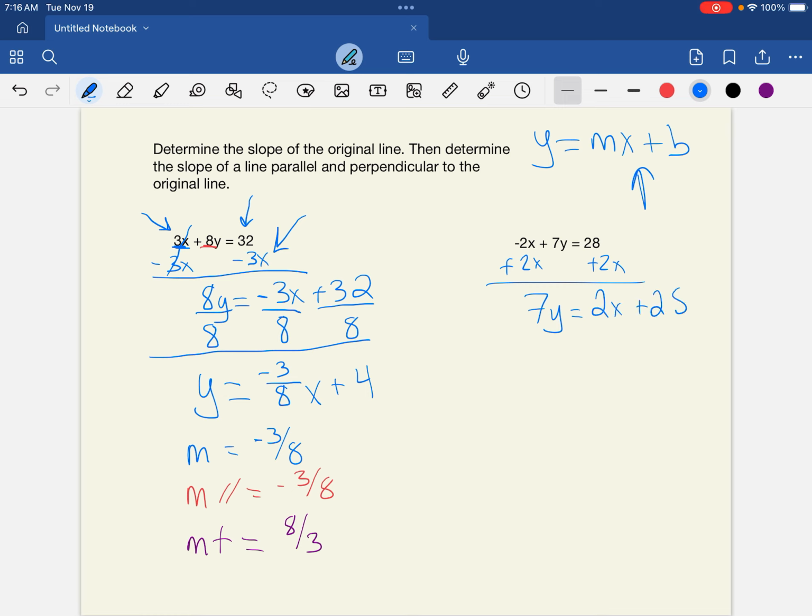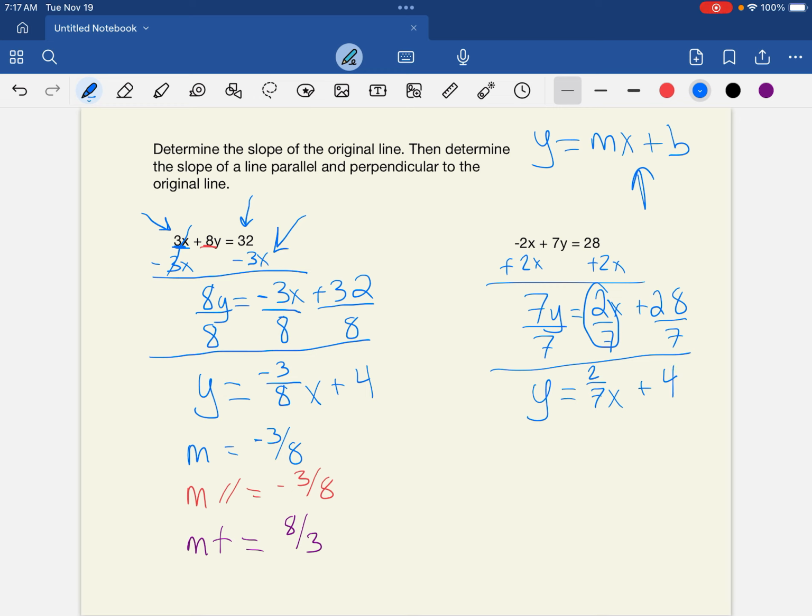Again, I'm going to put the x term first and then the 28 second. I'm going to divide everything by 7. I'm going to rewrite this division as a fraction. And 28 divided by 7 is 4.